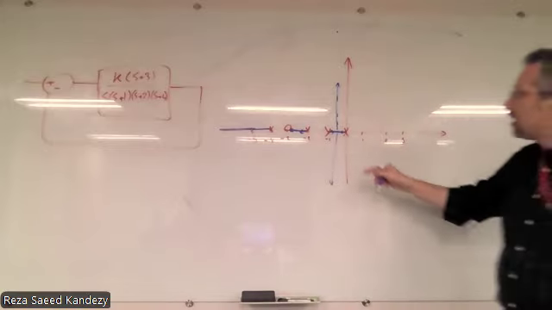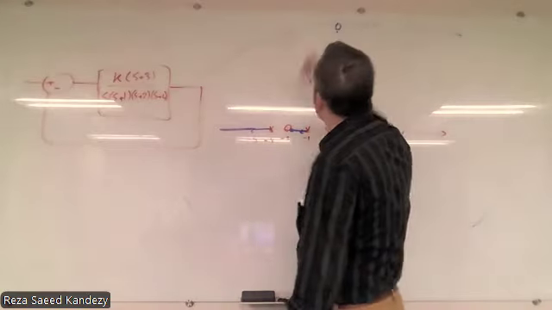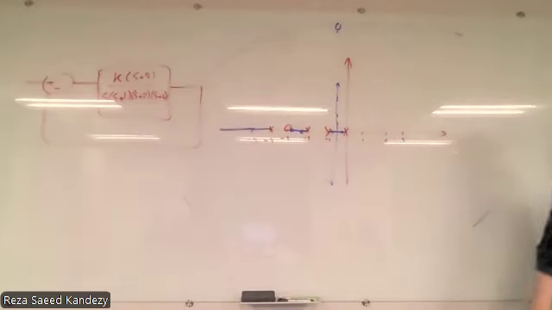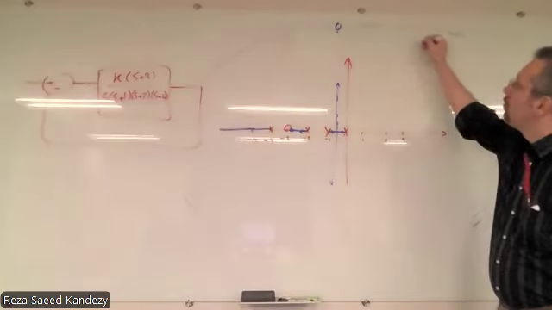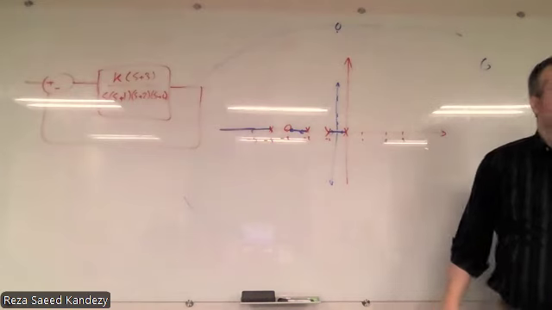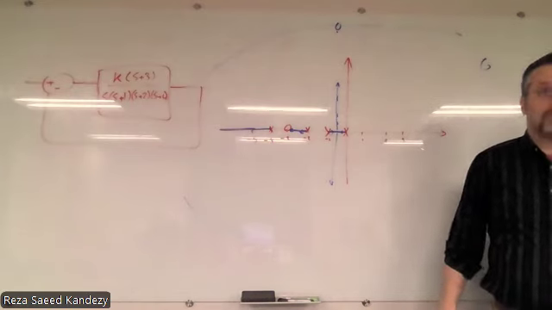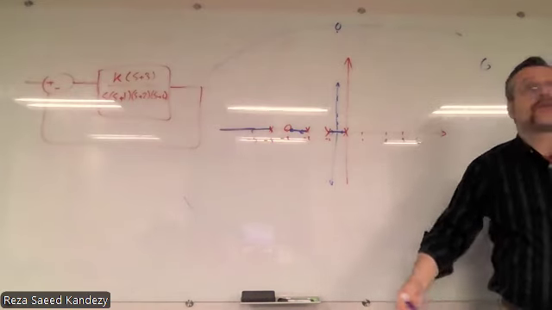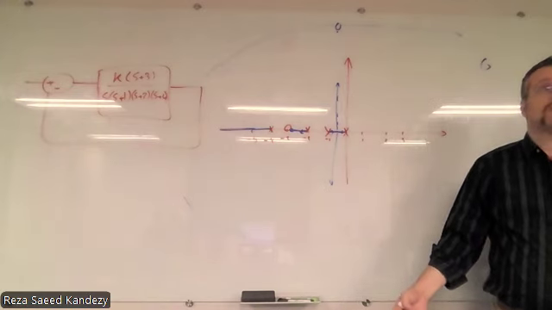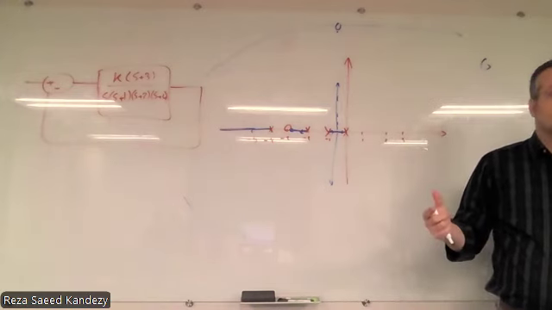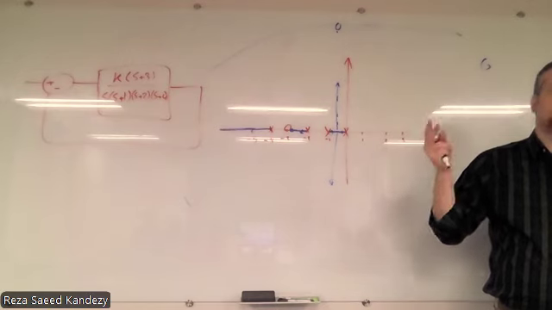So who says that the zero of this pole is here? It might be here or here. Right? We don't know it. It is an infinite zero. We can't find it. It's conceptual rather than mathematical.